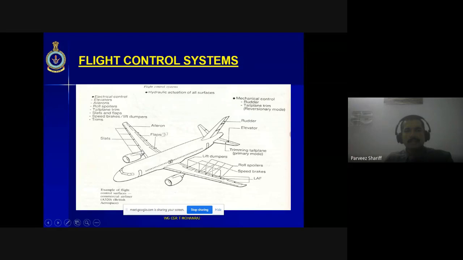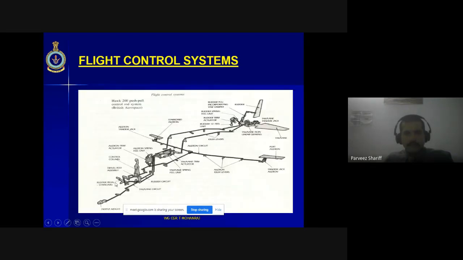And the flaps are at the front, and just before these flaps there is one more surface. This is called spoilers, also called speed brakes. Okay, so this is the basic structure. So these are the connections through cables which control these surfaces from the cockpit.